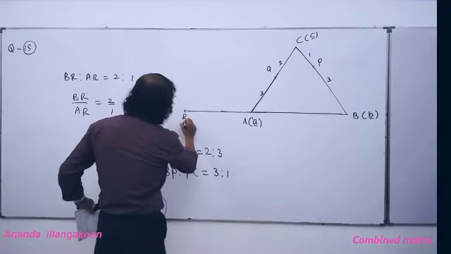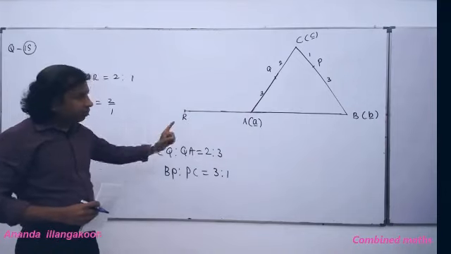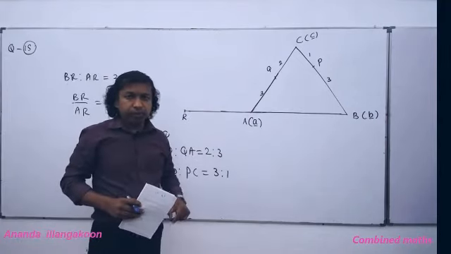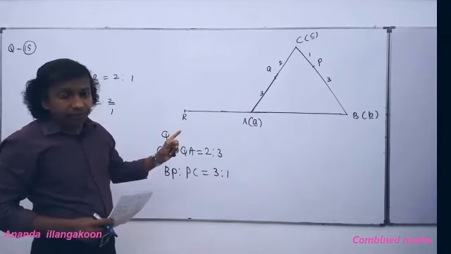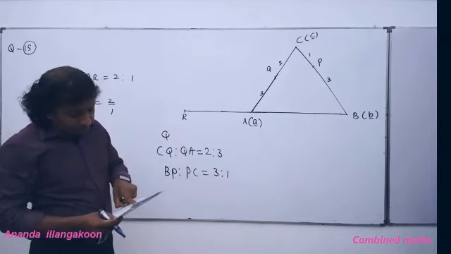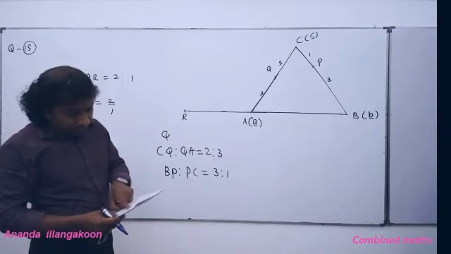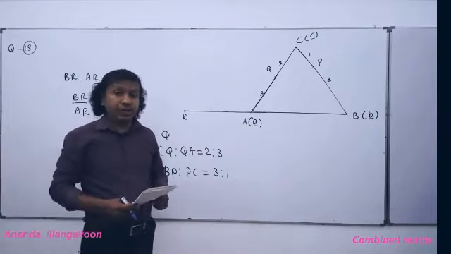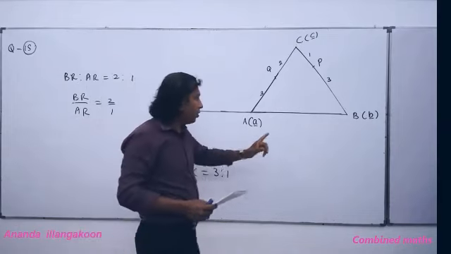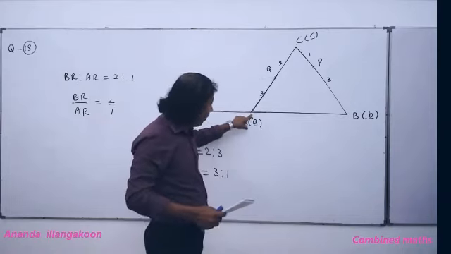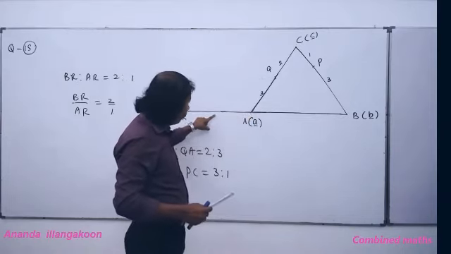point R should not be in between A and B. Why? We are given that the point R is on BA produced, extended BA. BA produced means first we have to come to this A, and from there we have to draw the line.